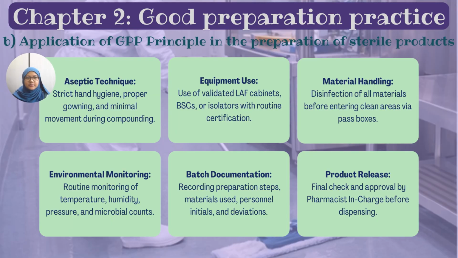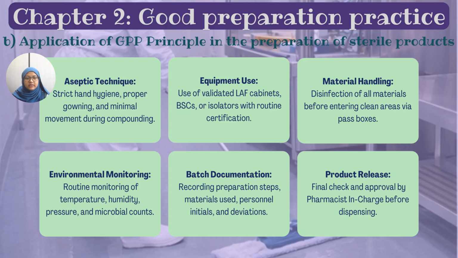Next, this slide explains how the core principles of GPP are applied in the preparation of sterile products. During compounding, strict aseptic techniques are practiced, including hand hygiene, proper gowning, and minimal movement. Preparation is performed using validated equipment such as laminar airflow cabinets or biological safety cabinets.